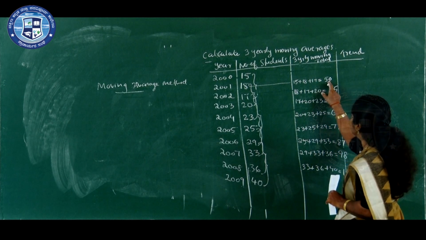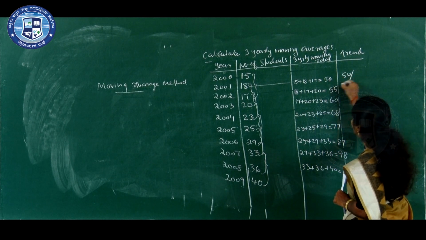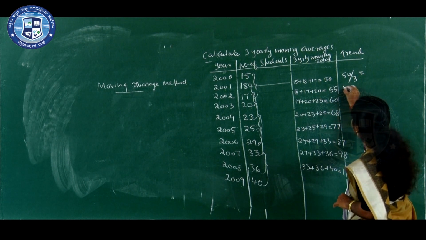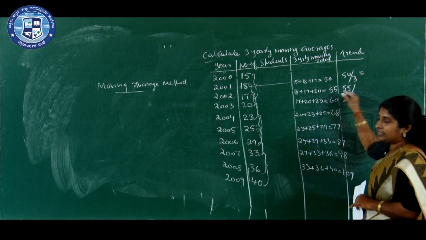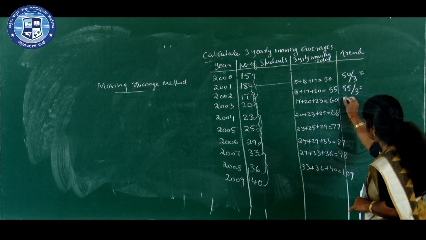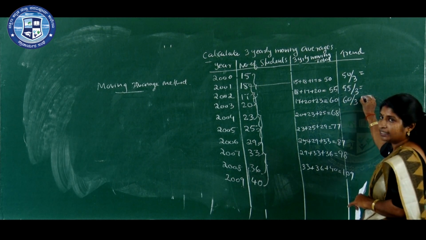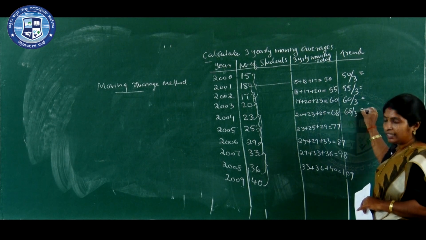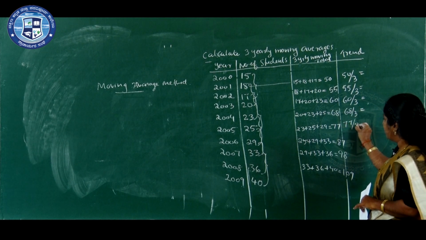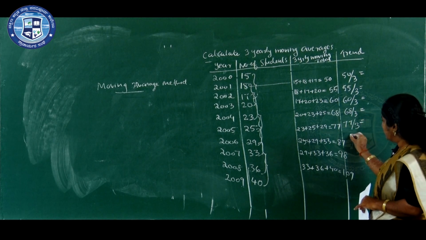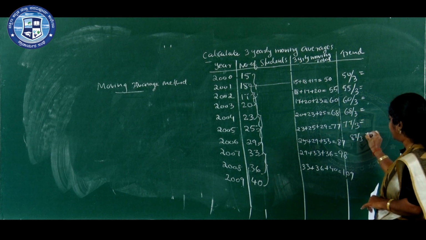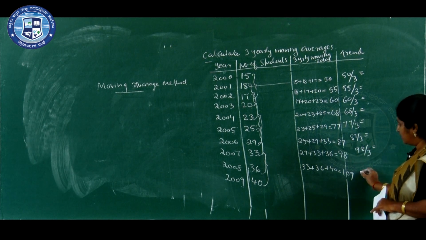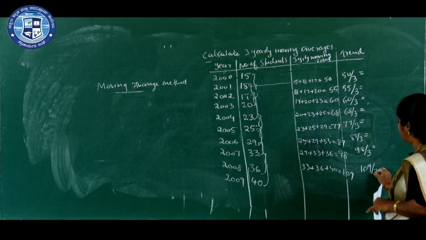That is 50 divided by 3. Next one 55 divided by 3. Next 60 divided by 3, then 68 divided by 3, then 77 divided by 3, then 87 divided by 3, then 98 divided by 3, the last one is 109 divided by 3.